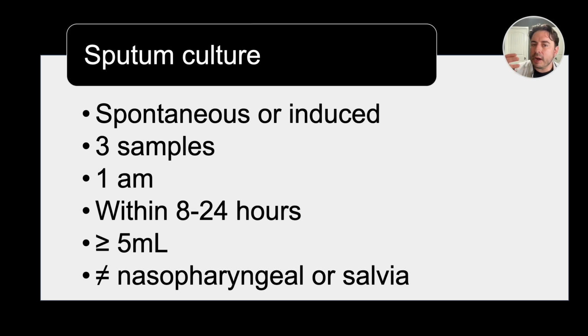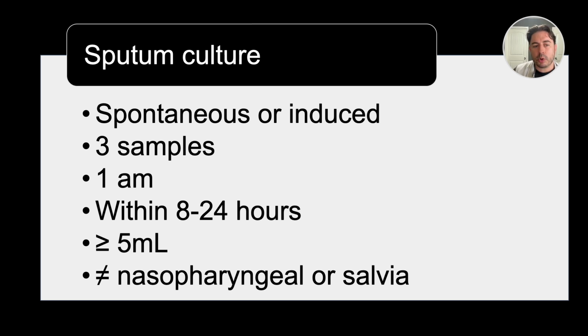Remember, the mucociliary escalator is moving all the time, even at night, and it's trying to evacuate and eject any of those particles that could be causing an issue. So first thing in the morning after that patient wakes up, we want to try to get a sputum culture, and we want to get 2 more within the next 8 to 24 hours.